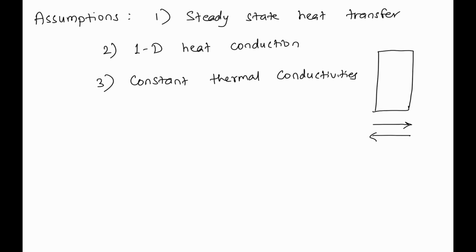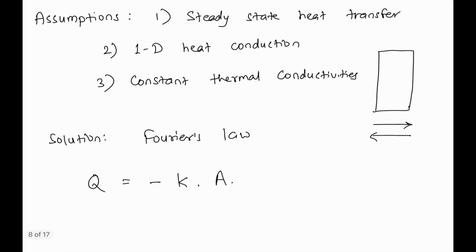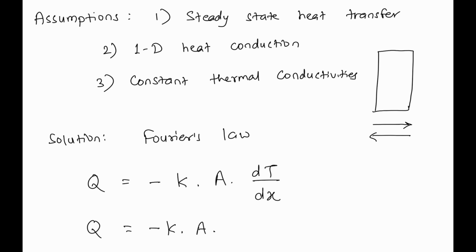So we will use here Fourier's law, which is heat loss or heat transfer can be given as minus thermal conductivity K multiplied by cross sectional area A into dT by dx, which can also be written as Q equal to minus thermal conductivity multiplied by cross sectional area, T out minus T in divided by thickness of the wall. So we will use this formula to calculate the heat loss.